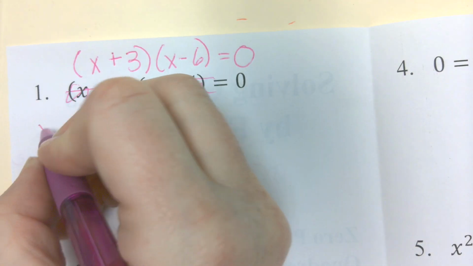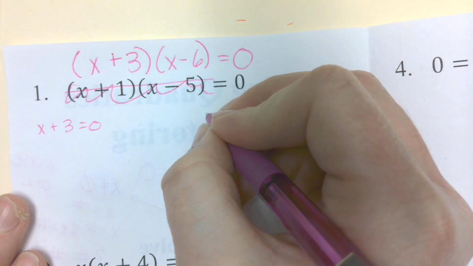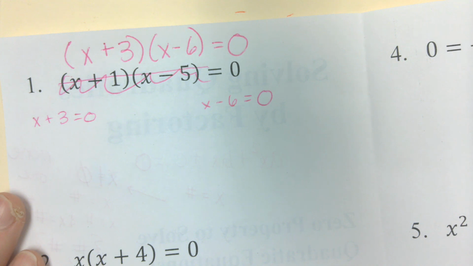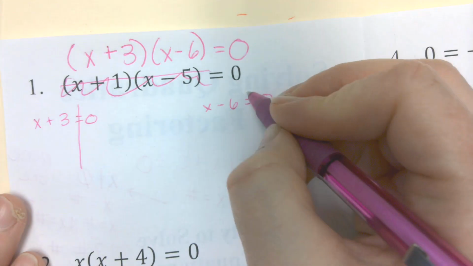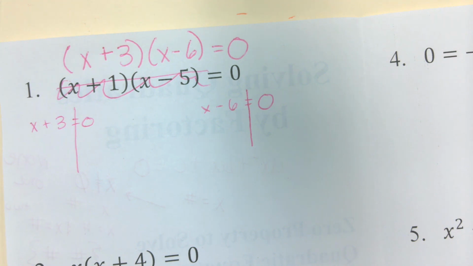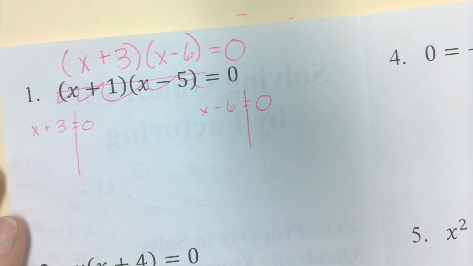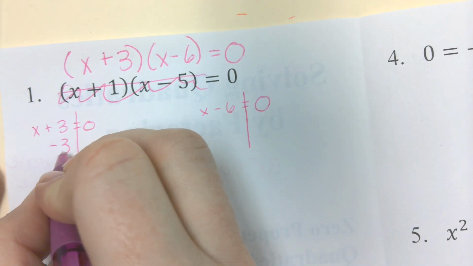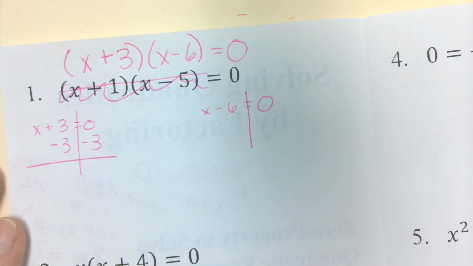So we're going to write x plus 3 equals 0, and x minus 6 equals 0. And you solve both equations. So go ahead and do that. Solve both equations. I'm going to go ahead and do it so you can check your answer.